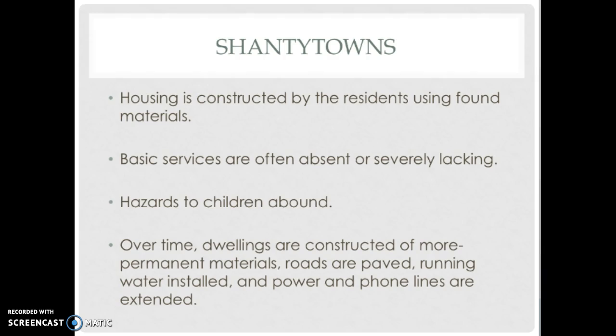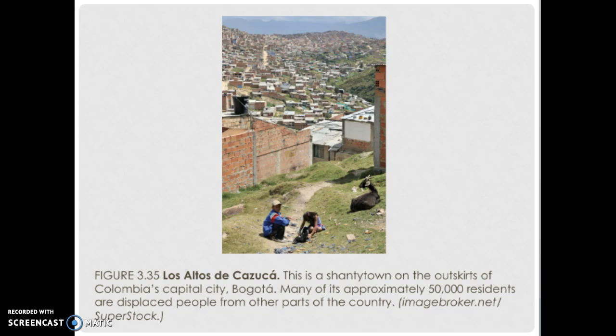In contrast to some of those cultural landscapes are shanty towns on the periphery of, and even inside, many of the world's large cities today. Basic services are often absent or severely lacking. Here you see a picture of the shanty towns outside of Bogota, Colombia.